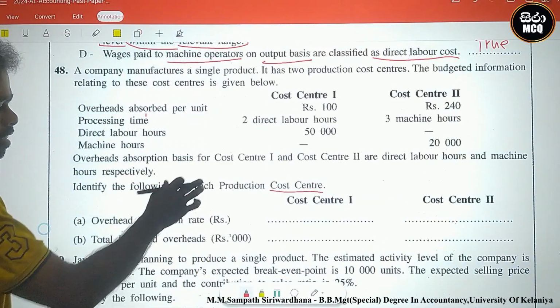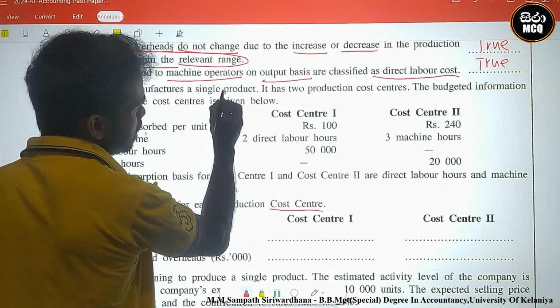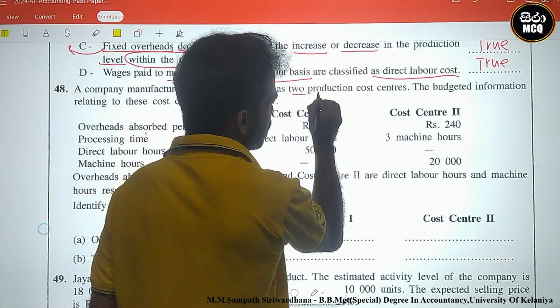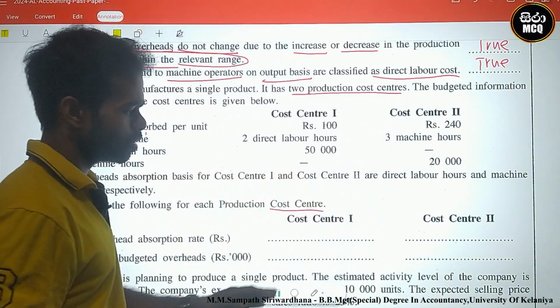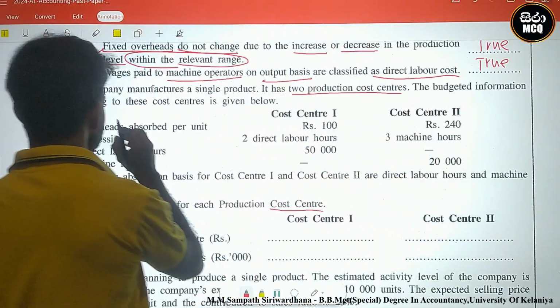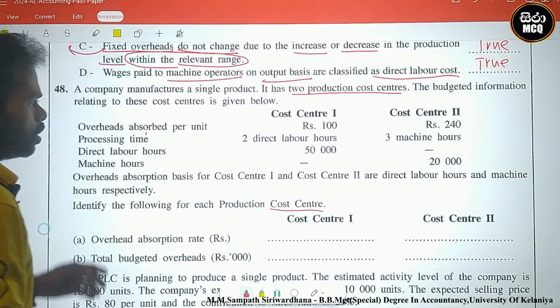What is the question? Look here. The company manufactures a single product. It has two production cost centers, cost center 1 and cost center 2. Budgeted information relating to these cost centers is given below.